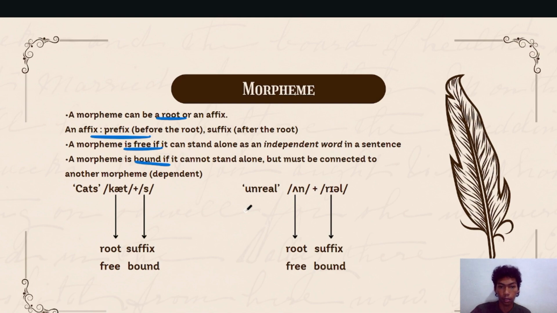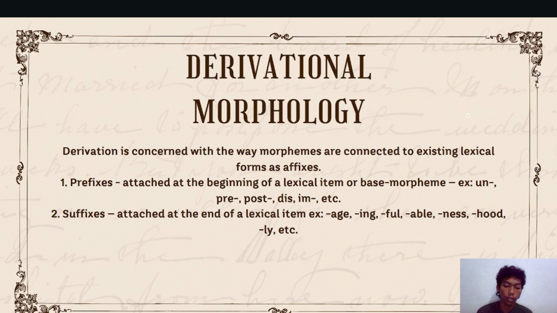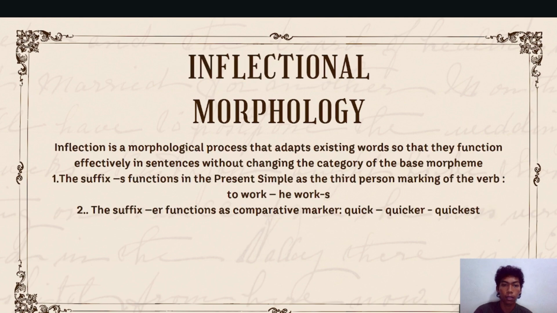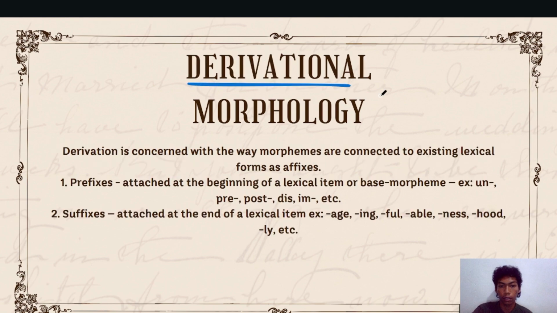Okay, now let's talk about the two main processes in morphology: derivational and inflectional. In the first, derivational morphology is when we add a prefix or suffix to create a new word or change the word class, like turning beauty into beautiful or care into careless.